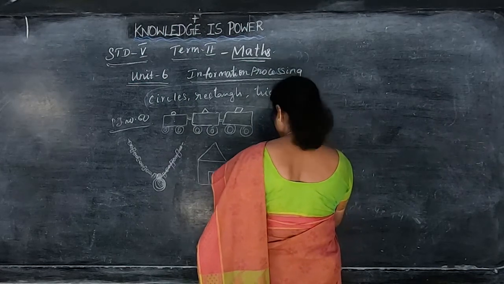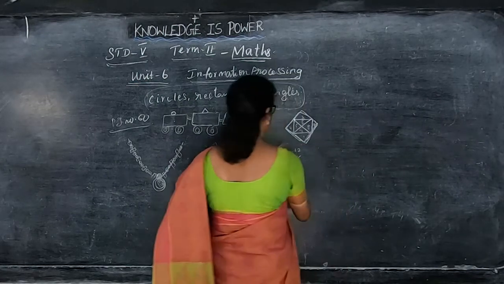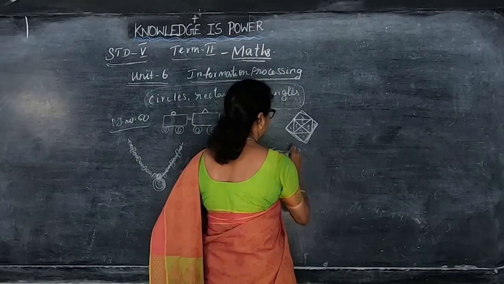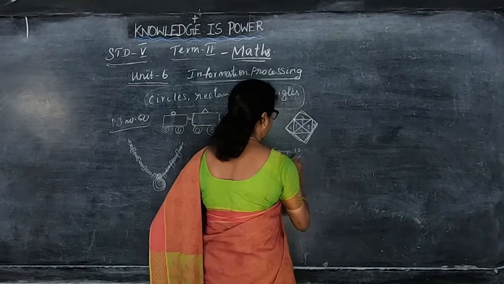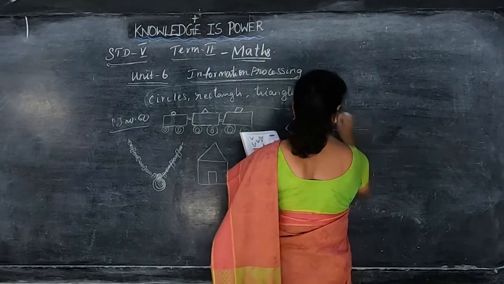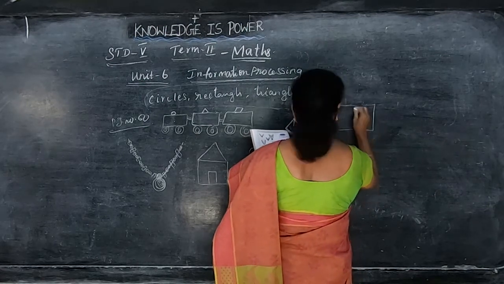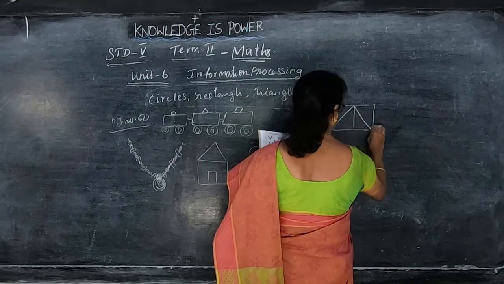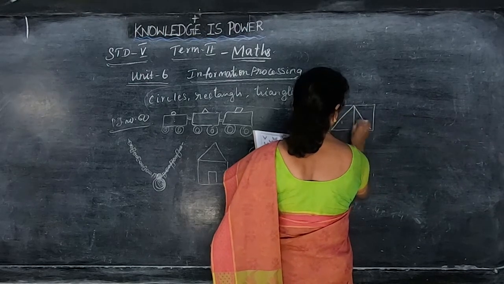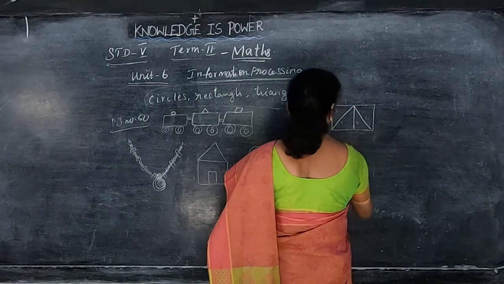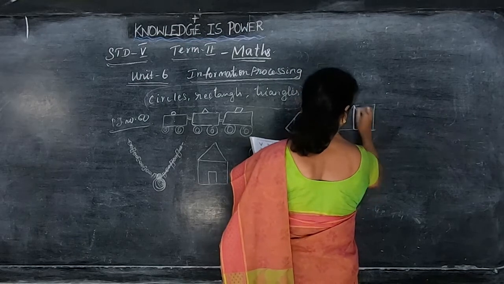And squares, there are 6 squares. So this is 12 triangles and 6 squares. Like that, in this, how many is there? So center. So how many triangles? 1, 2, 3, 4. So 4 triangles, and squares are 1 and 2.